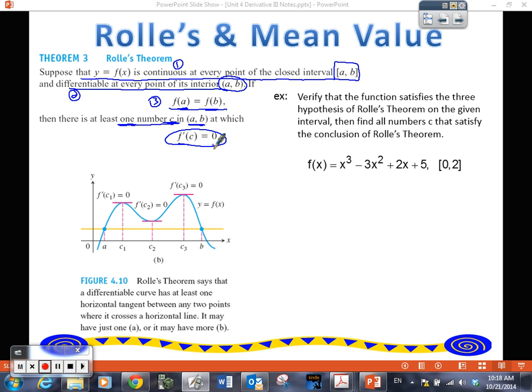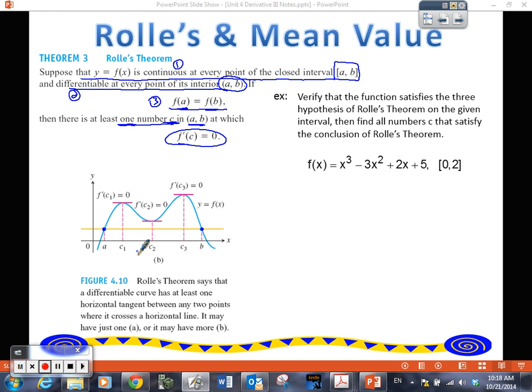So here is a diagram, a visual of what this theorem is talking about. Notice here are my endpoints, a and b, and my y values are the same. This is a polynomial. It's a curved function, so it is continuous and differentiable on the interval, so it meets all three criteria. In this particular case, we actually have three x values where the derivative is 0. Of course, they're naming them c's because that's the variable they're using.